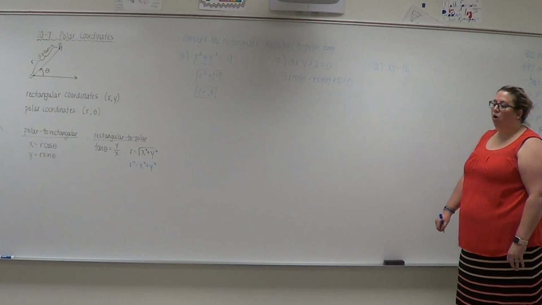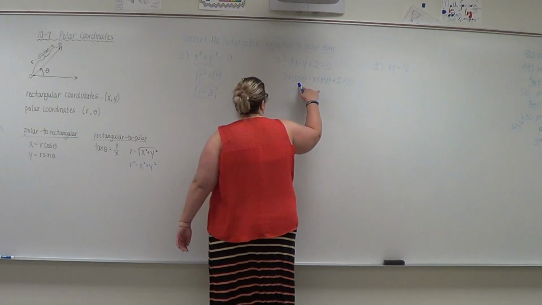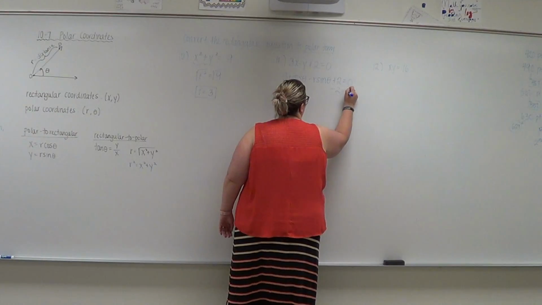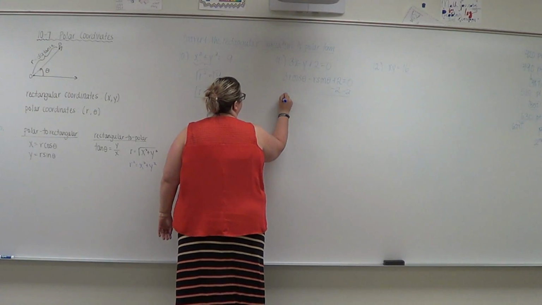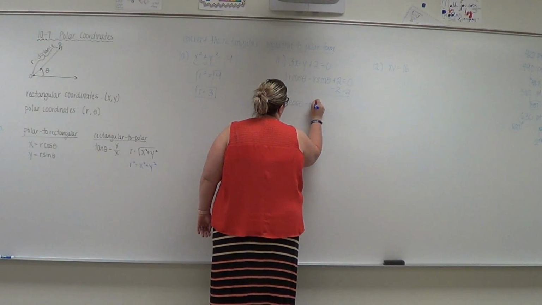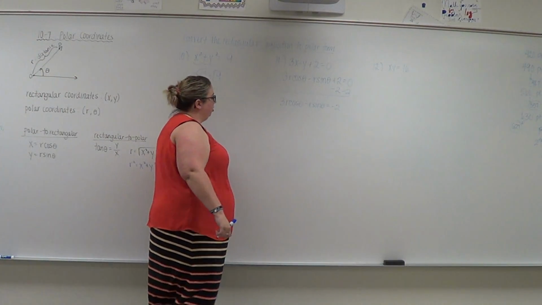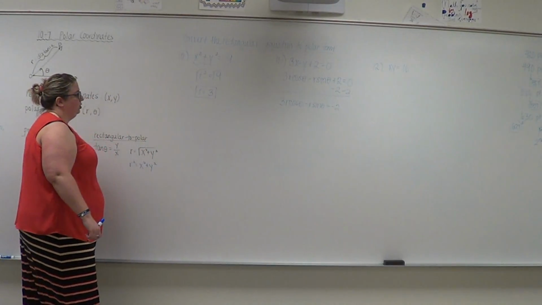Okay, so to solve for r, I gotta get the parts that have r by themselves. So I leave these two over here and move the 2, so I subtract 2 from both sides. So I have 3r cosine minus r sine.